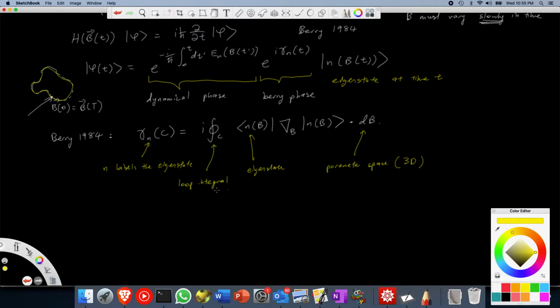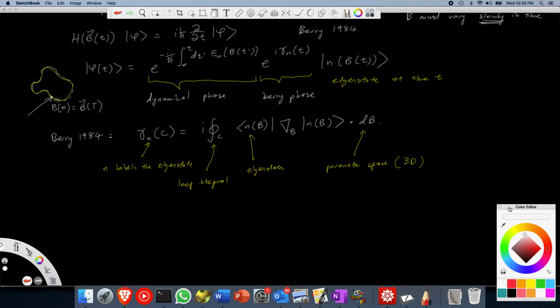So this is one way of calculating the Berry phase, and it turns out that this is not the only way to calculate it. Currently we are using a 3D parameter space, in this case the magnetic field, but it could be any other parameter space that has 3 dimensions.